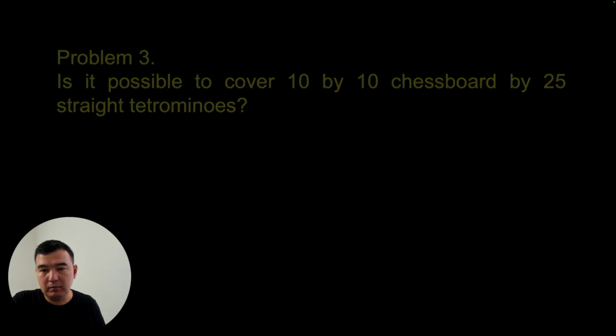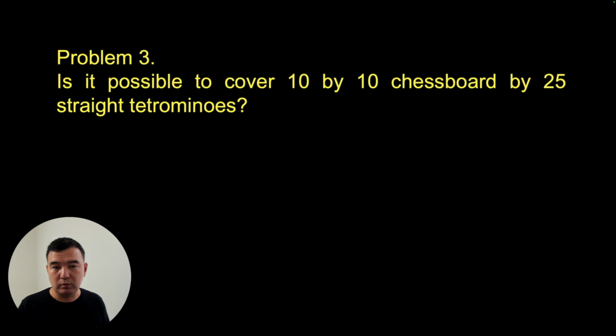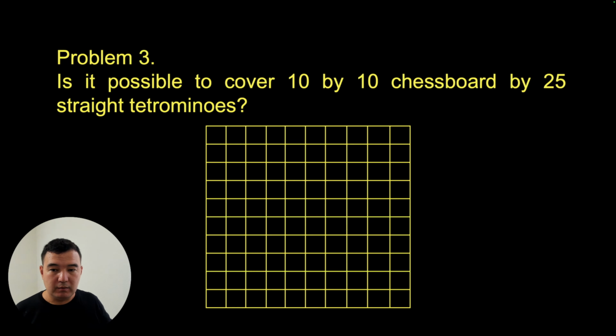So another problem, is it possible to cover a 10 by 10 board by 25 straight Tetrominoes? So 10 by 10 board is here, a straight Tetromino is like a 1 by 4 domino, like a figure.